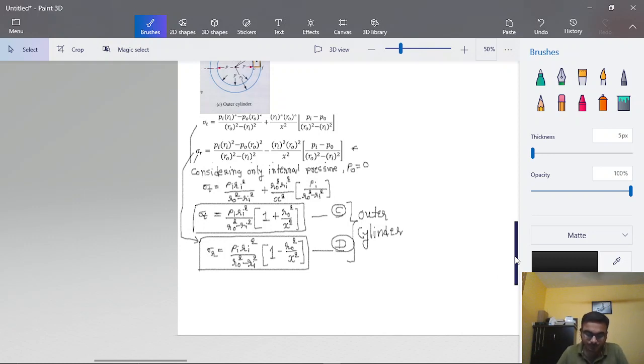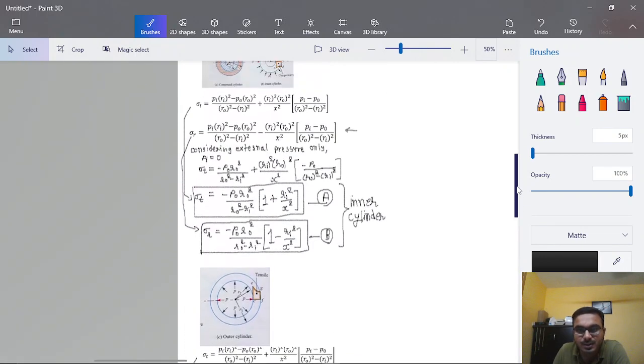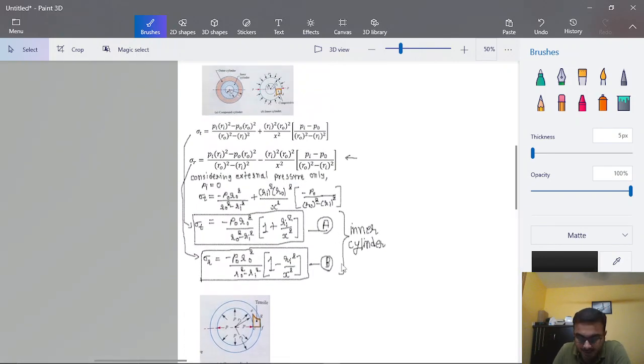Now we will first discuss the inner cylinder, based on the inner cylinder equations A and B. Here we will be finding the tangential stress at the inner surface of the inner cylinder and the radial stress at the inner surface of the inner cylinder. So let's begin.